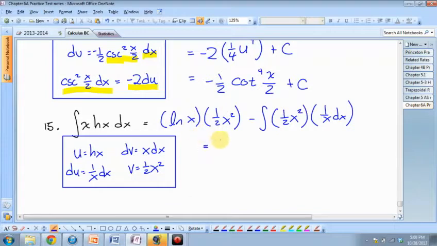Okay, so simplify that. 1/2 x squared log x minus 1/2 of x dx.